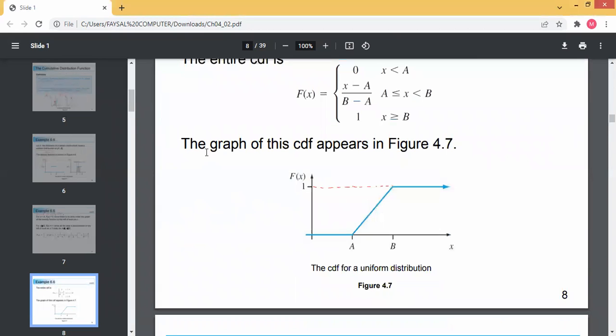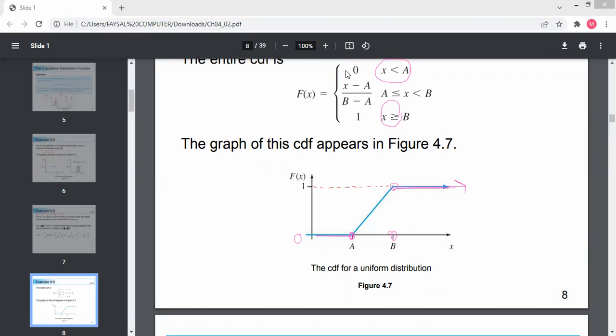So my graph will be like this. It equals 0 when x is less than a. So here is the point a, and when it is less than a, this value is 0. And when x is greater than or equal to b, my value at b will be 1.